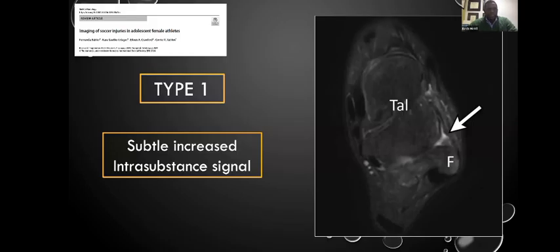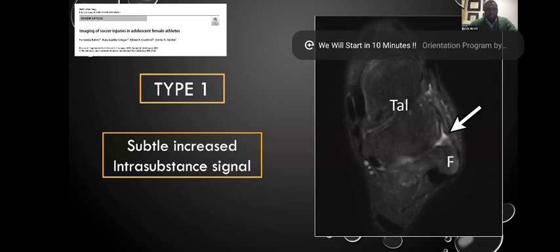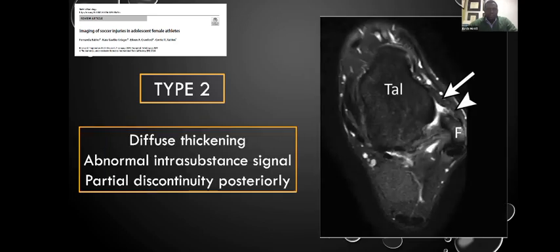So here is a lower grade kind of injury, and so this is a type 1, which has subtle increased intersubstance signal. Then here we have type 2, which has some diffuse thickening, abnormal intersubstance signal, and may have some partial discontinuity.